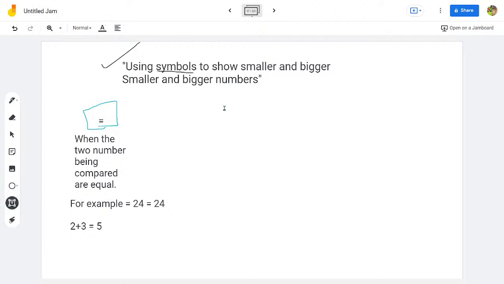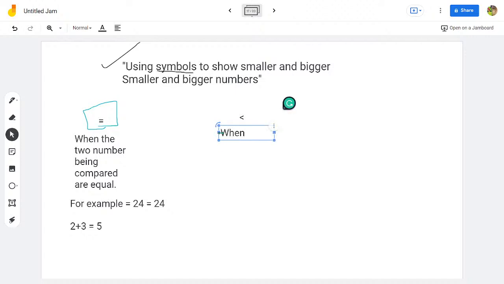Now the next symbol that we are going to discuss is the less than symbol, which looks something like this, a crocodile's mouth. So let's see when this symbol is used.